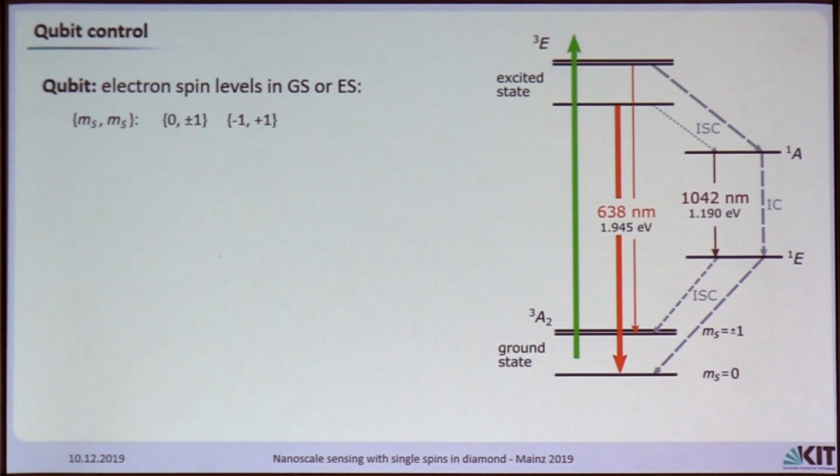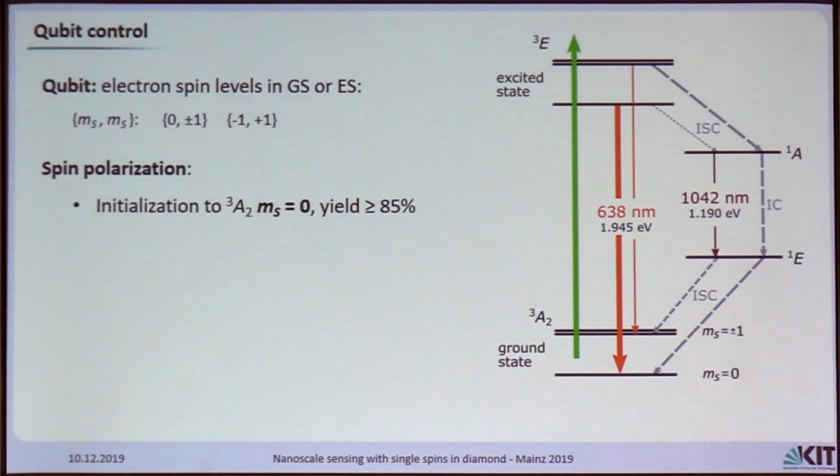And if we include even hyperfine interaction with the nucleus in the next nearest neighbor, we could also have the nuclear hyperfine states involved. But I won't talk about these. I just want to focus on the electronic configuration and explicitly only on the ground state here, because the disadvantage of the excited state is, of course, the finite lifetime, which is on the order of 10 nanoseconds.